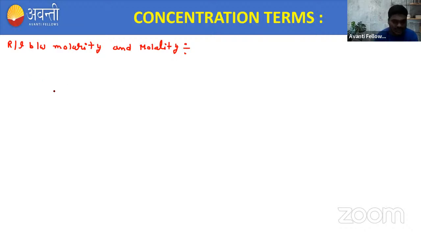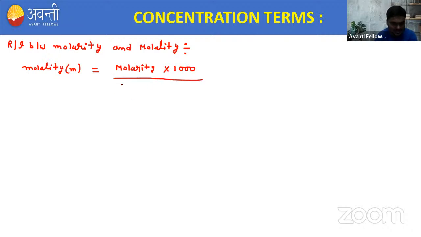What is the relationship between molality and molarity by using the direct formula? Molality is always represented by small m. So molality m is equal to molarity into 1000 divided by 1000 d minus molarity into molecular weight, right?